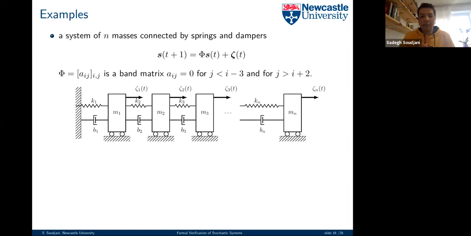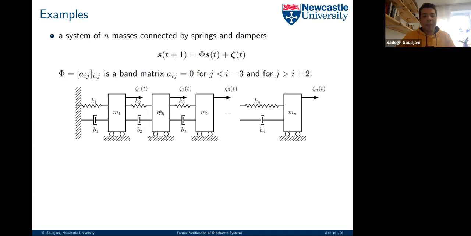And this shows a nice example that this structure is already there. It's part of the system itself. So think of the system of mass spring damper. So you have n masses, M1, M2, M3 until Mn, and these are connected together with springs and dampers.